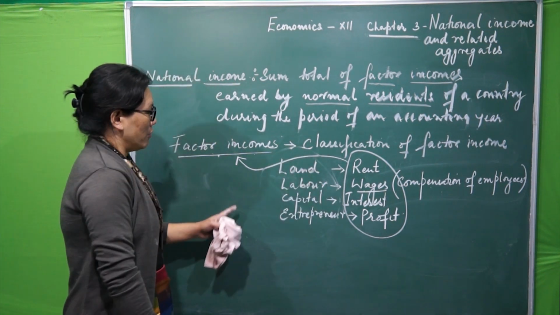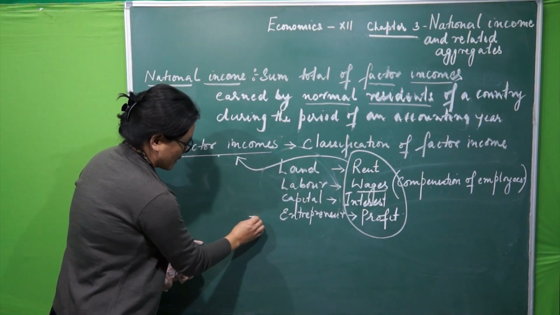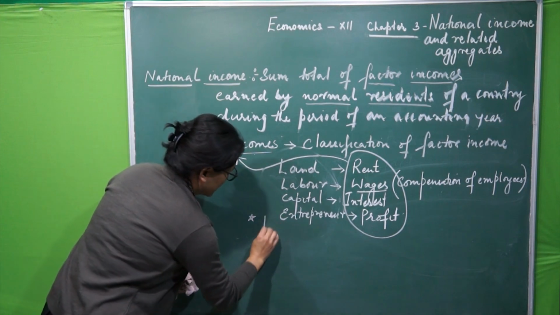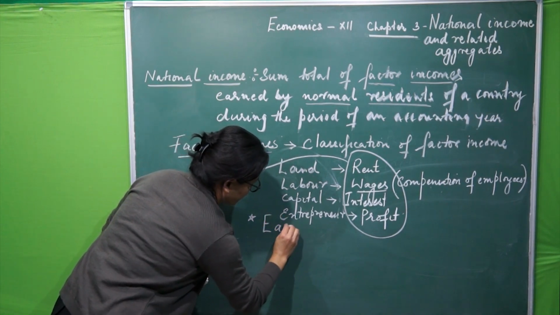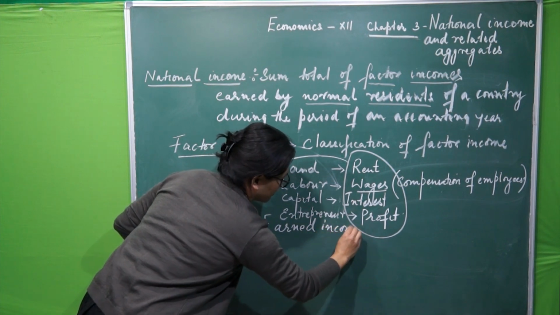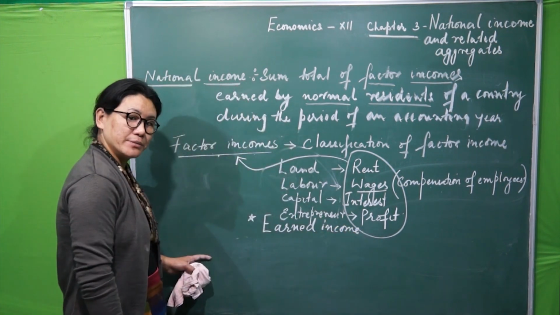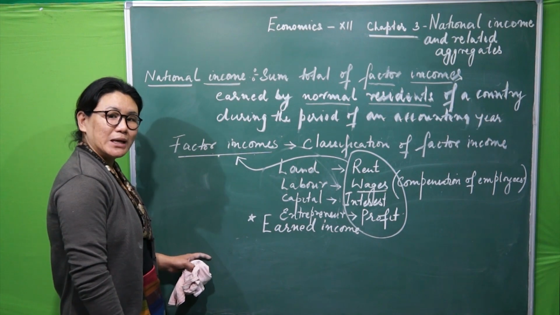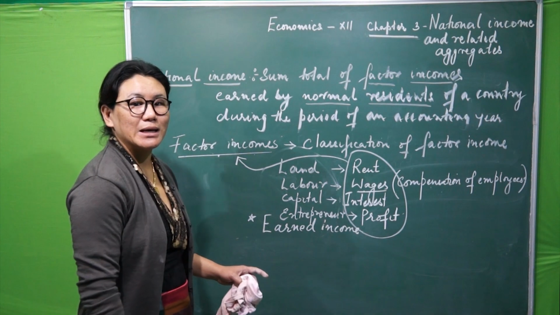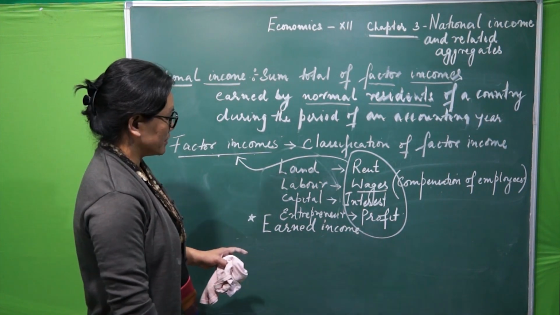Now, factor income is an earned income. Usually, income is classified into two: one is earned income and the other is unearned income.